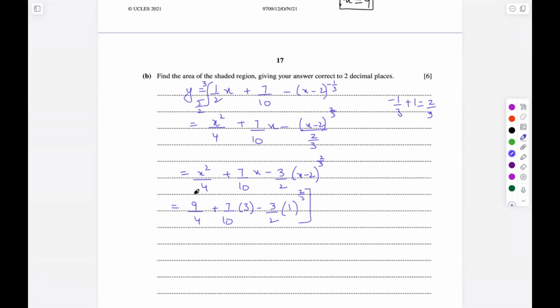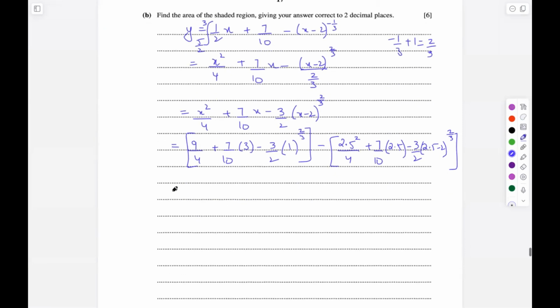And then subtracting the lower limit, which was 5 upon 2, that is 2.5. So we'll write (2.5) squared upon 4 plus 7 upon 10 into 2.5 minus 3 upon 2 into (2.5 minus 2) to the power 2 upon 3.